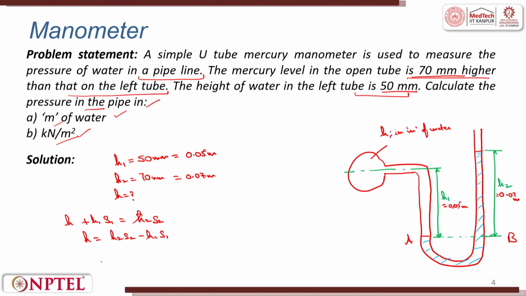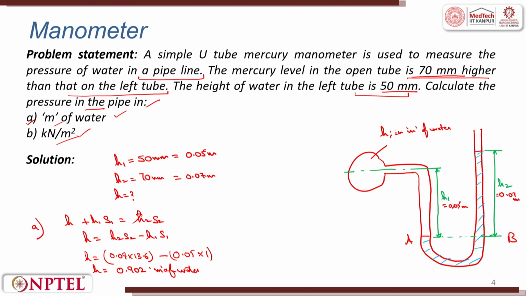Now, this could be directly calculated. I am talking about the part A here, which means H is equal to, let me put the values, H2 value is 0.07, S2 is specific gravity of mercury, which is 13.6, this minus H1 into S1, that is 0.05 into specific gravity of water. This gives me the value of H as 0.902 meters of water.